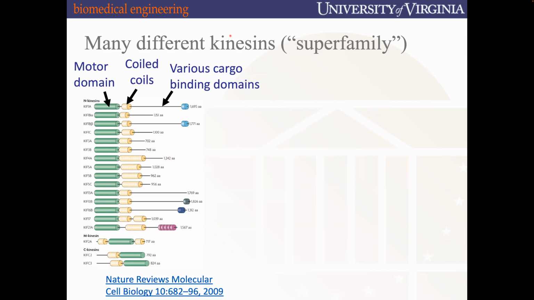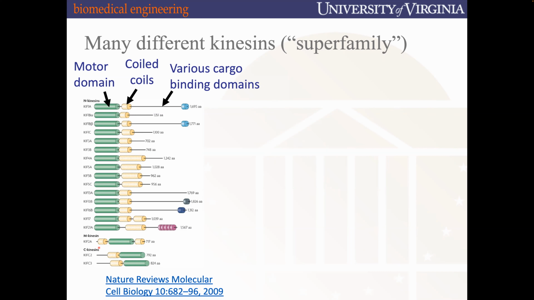So for that reason, kinesins are part of a superfamily that can bind a lot of different types of cargo, where each type of kinesin is specific for that type of cargo. So this schematic here is showing these different domains lined up with the similarities and differences. So you can see in this case, the green, the motor domain, is relatively conserved across these different types of kinesins.